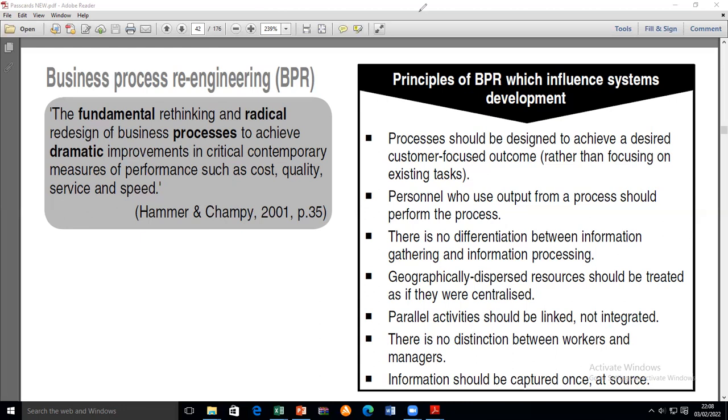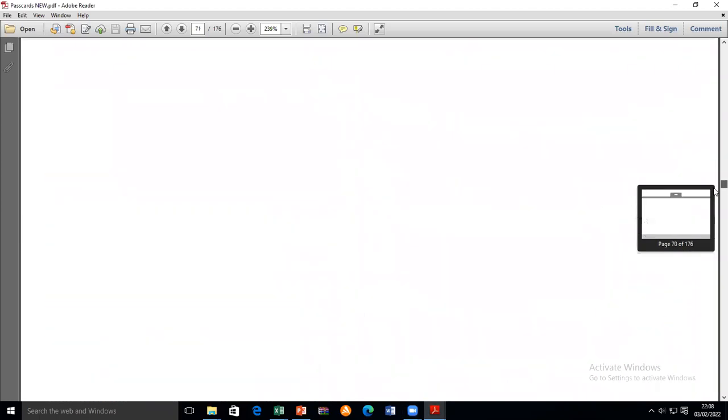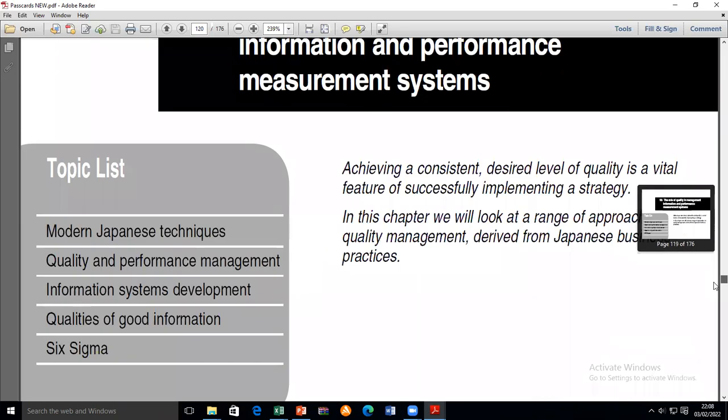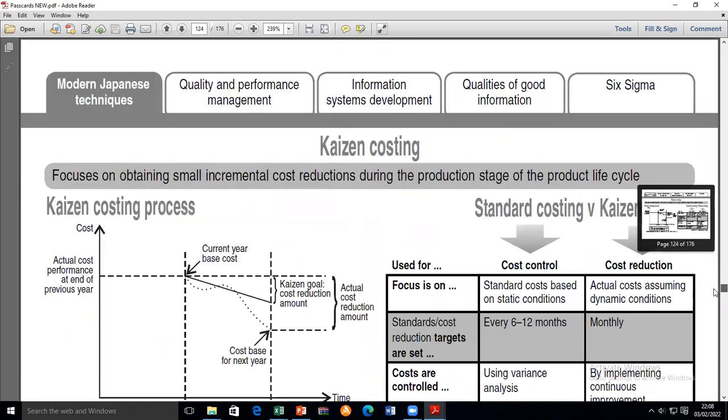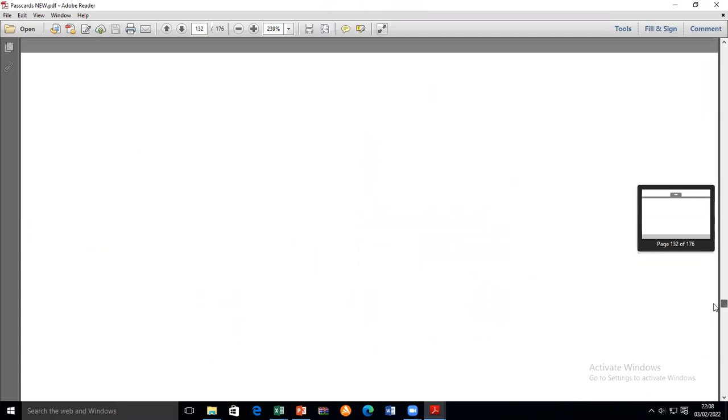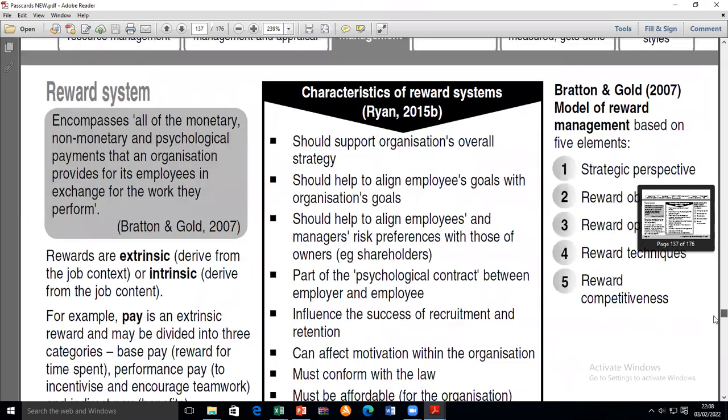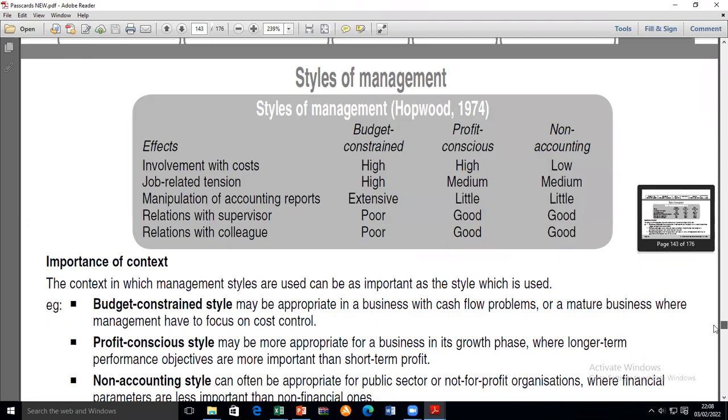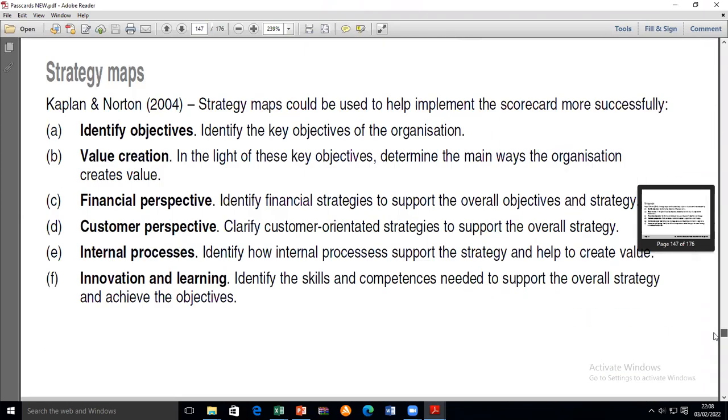So what you do is you have specific ones that have been chosen. Let's just look at those that are relevant to this particular exam.